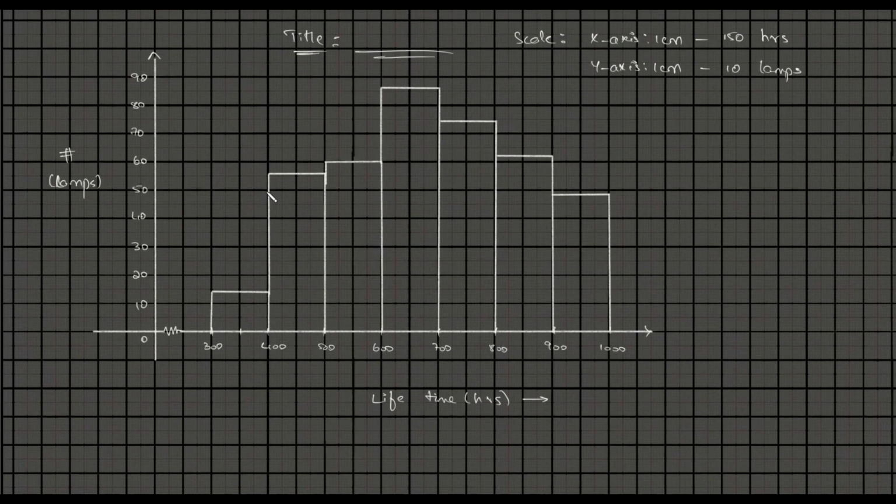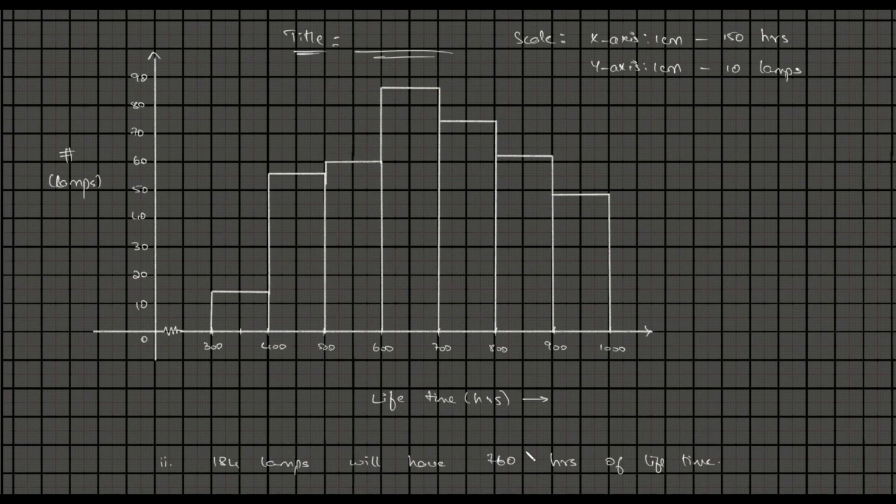So the answer is 184 lamps will have more than 700 hours of lifetime. Okay, so this is your answer.